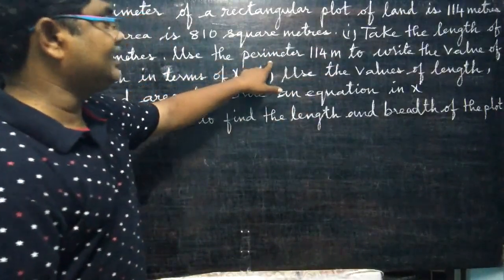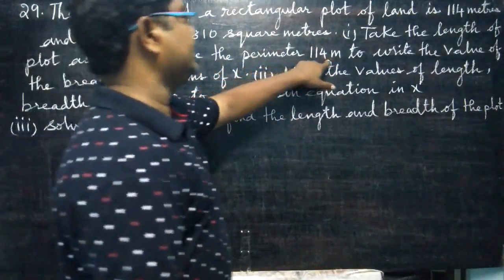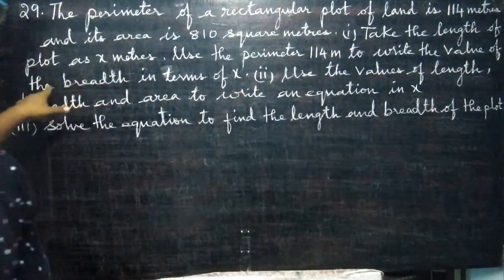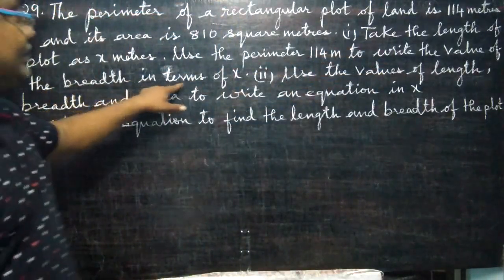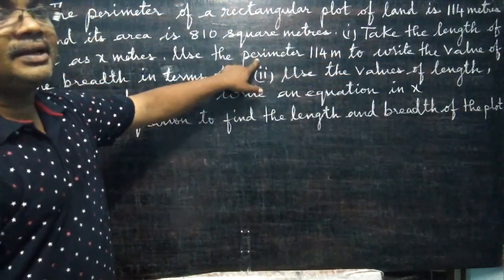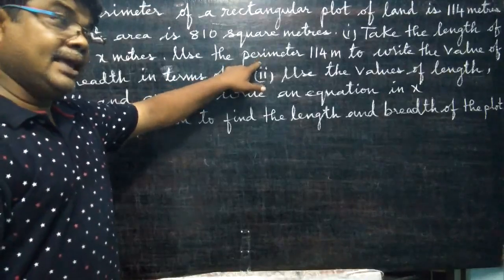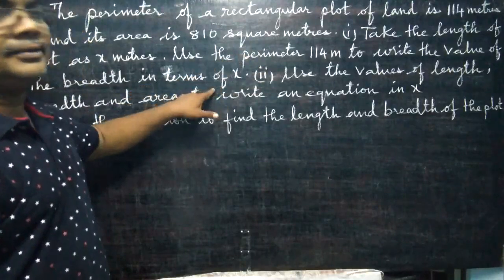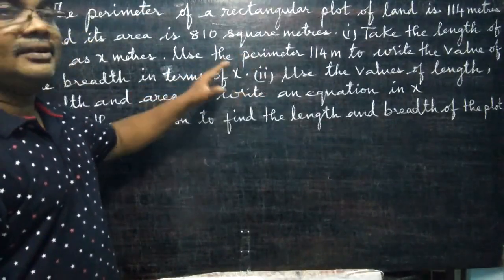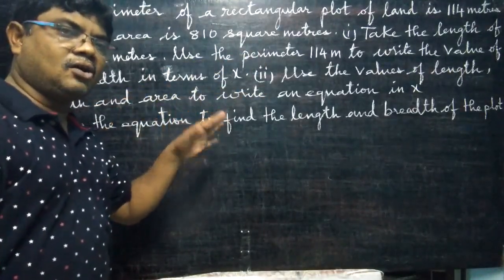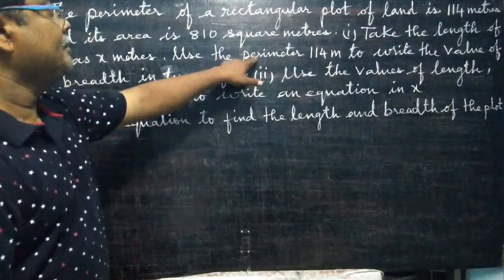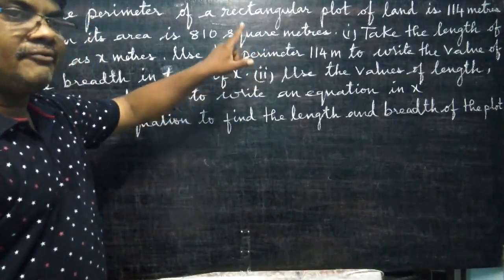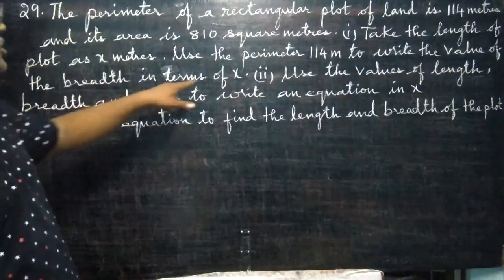Use the perimeter 114 meters to write the value of the breadth in terms of x. You have to take perimeter. By area also you can find, but what they are asking particularly, that only you have to take. If they did not ask anything, it is our will and wish, either area or perimeter, but here they used the perimeter word. From perimeter we have to find breadth, that too in terms of x.